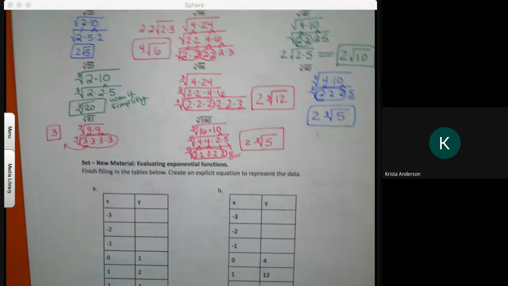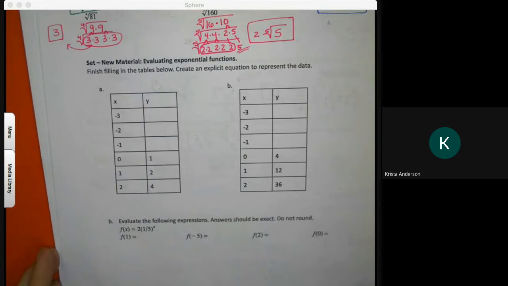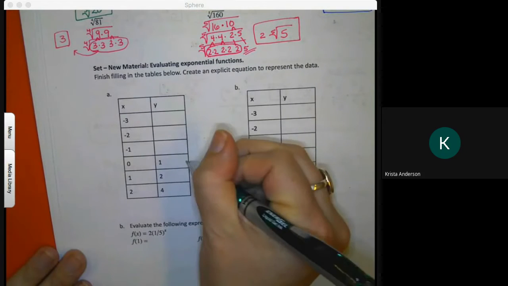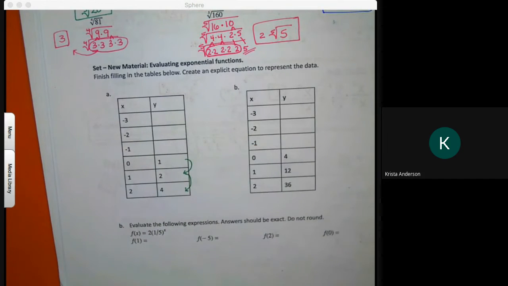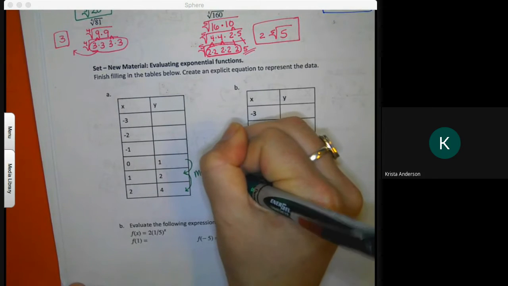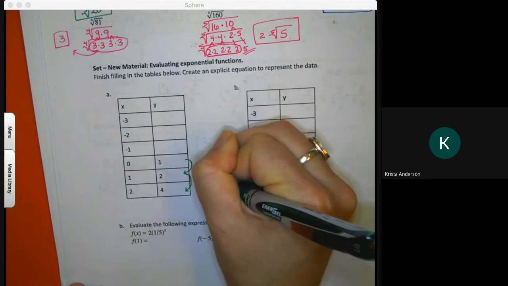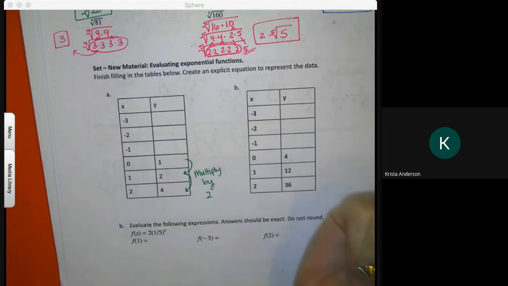Next section, we are filling in the table and writing an explicit equation to represent the data. As I follow my pattern down, it goes from 1 to 2 and 2 to 4. Does anybody know what that pattern is doing? Times 2. Yes. Multiply by 2.